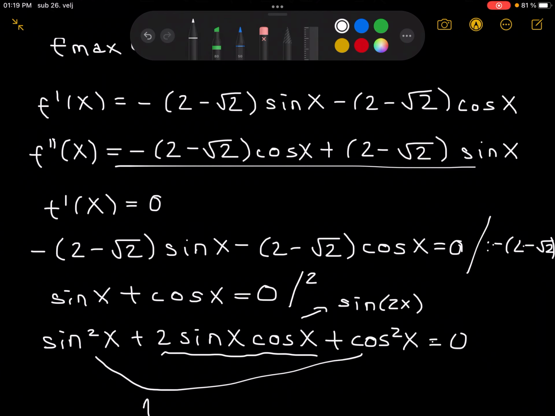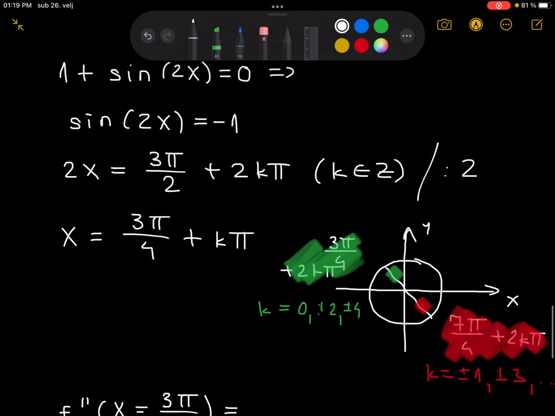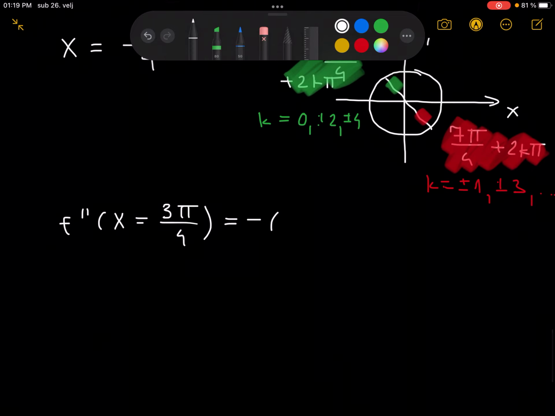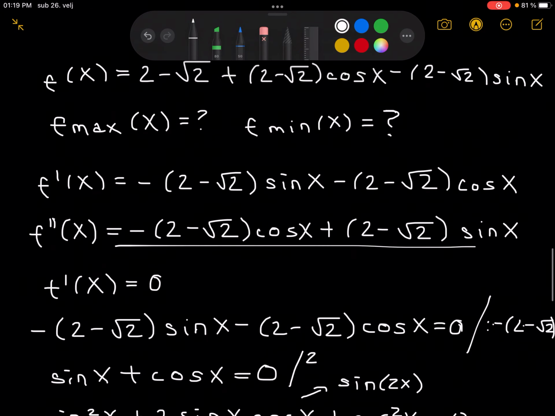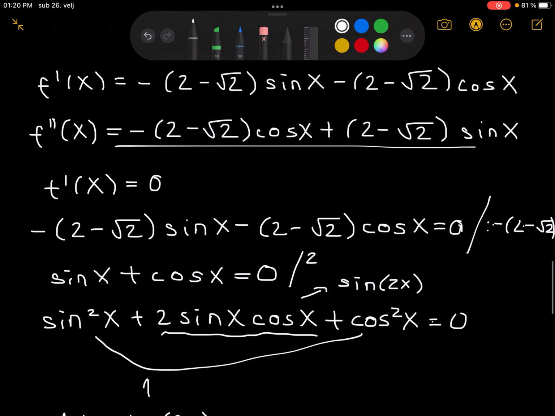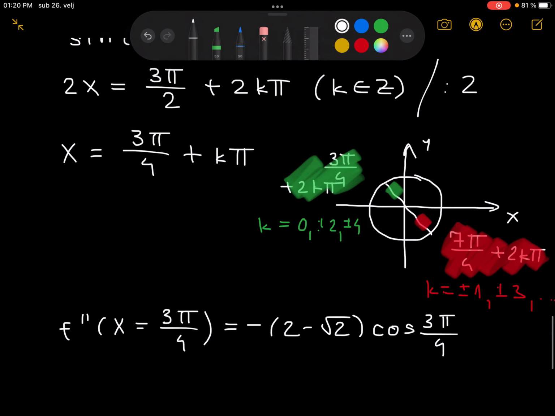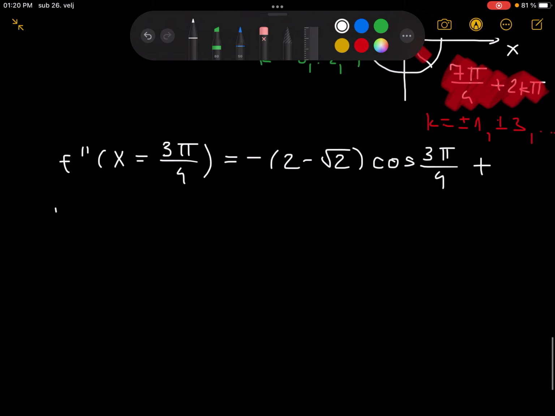So minus 2 minus the square root of 2, minus 2 minus the square root of 2 times cosine of 3 pi over 4, plus 2 minus the square root of 2 plus 2 minus the square root of 2 times the sine of 3 pi over 4. Okay?